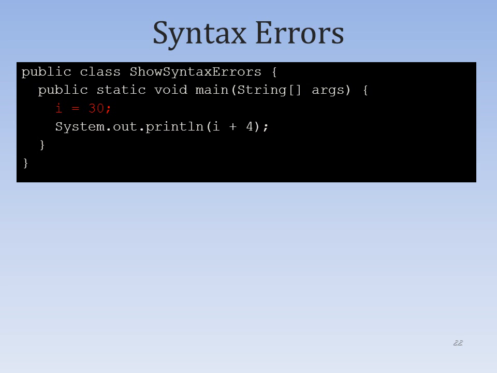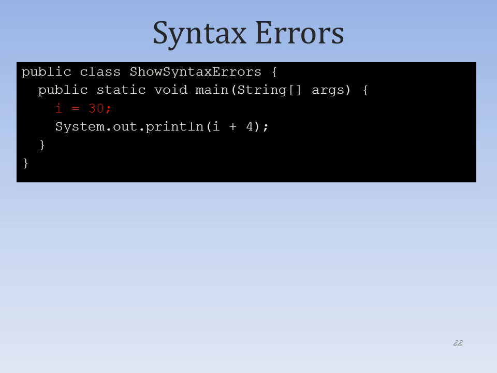Well, here's a syntax error. I have highlighted in red where the syntax error occurs. Can you determine why that caused an error? Pause the video and study it a minute. See if you can come up with an explanation. Well, the issue here is that i has not been declared.